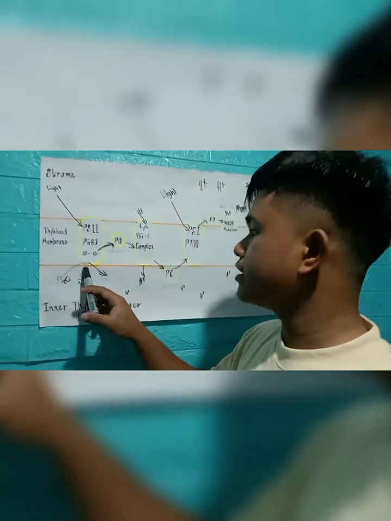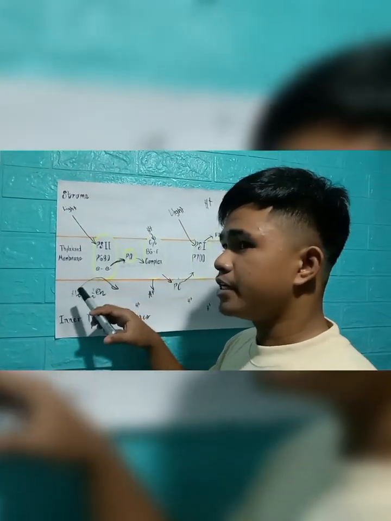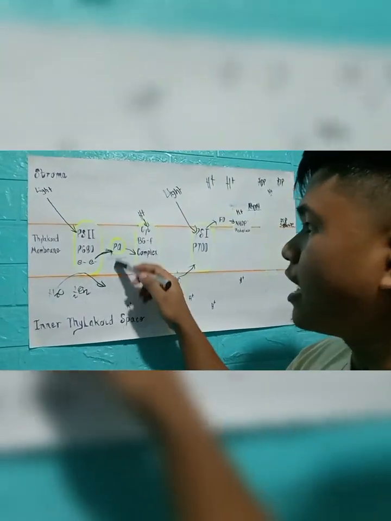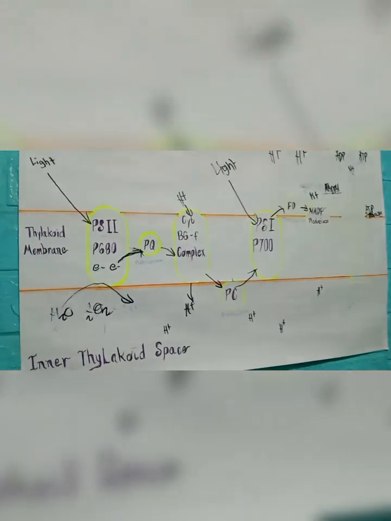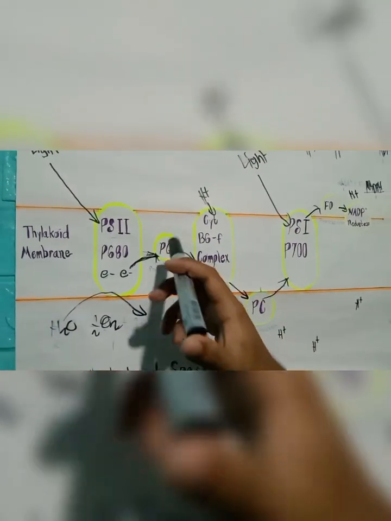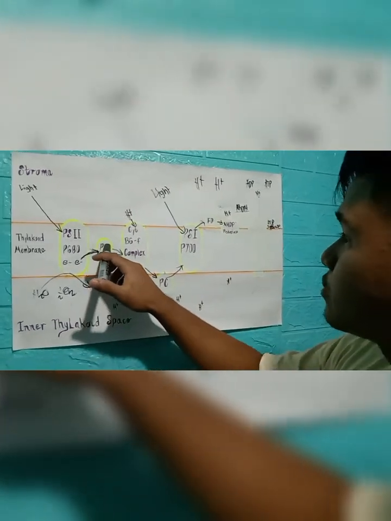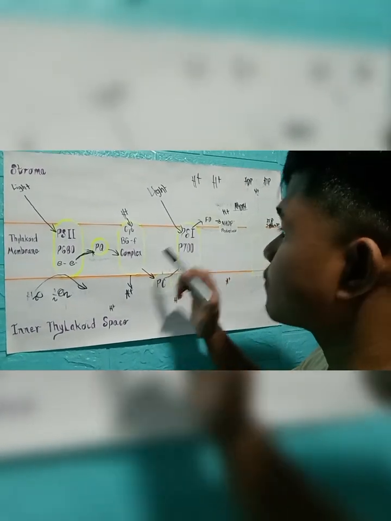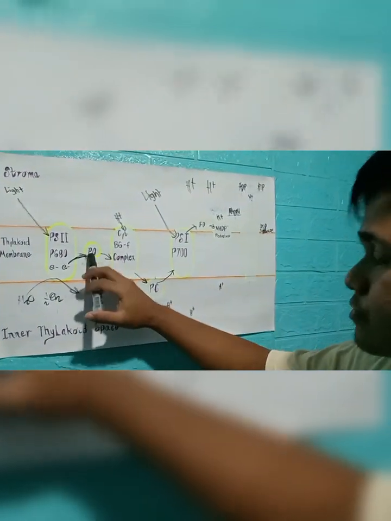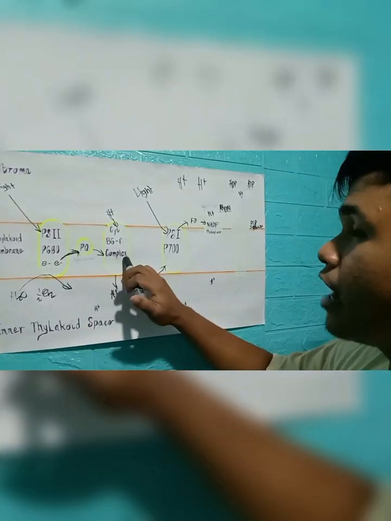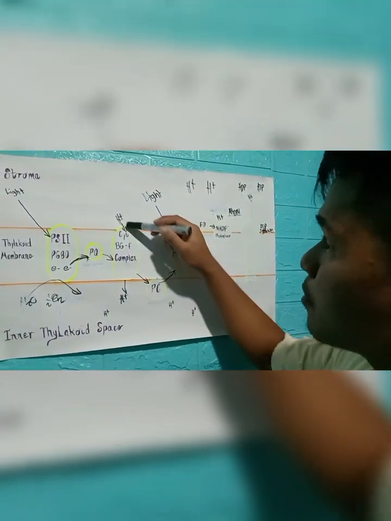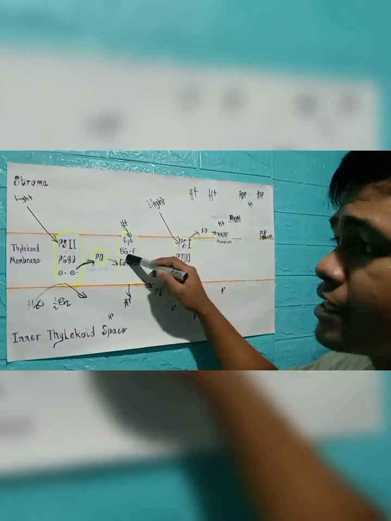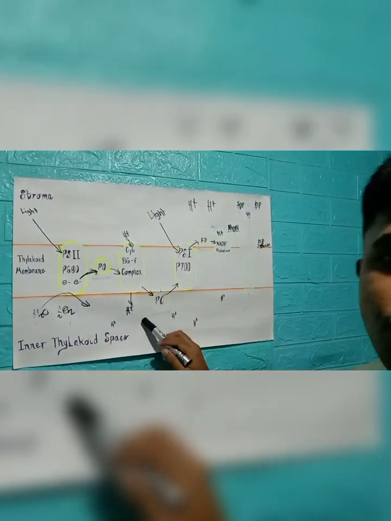There are remaining oxygen atoms. After that, we can go back to the electrons inside the plastoquinone. They continue to the cytochrome B6F complex. The energy of the electrons is used to pump hydrogen ions across the thylakoid membrane into the inner thylakoid.